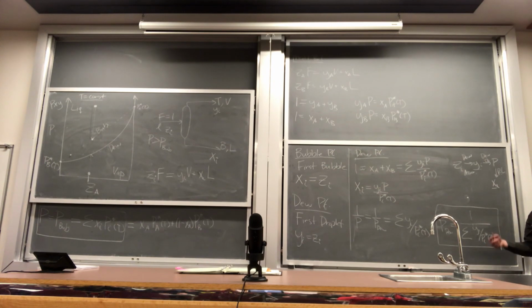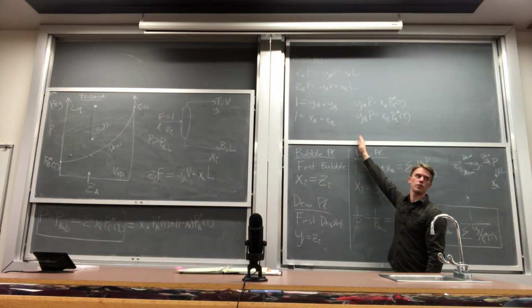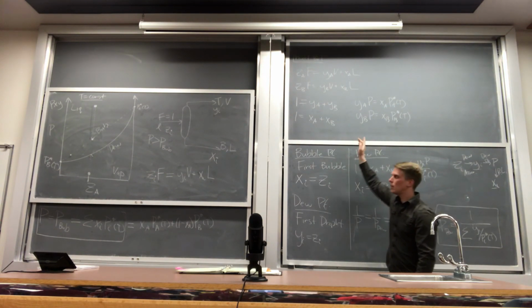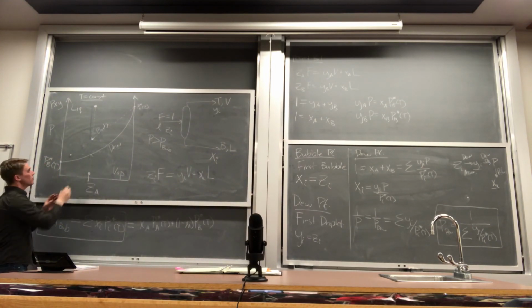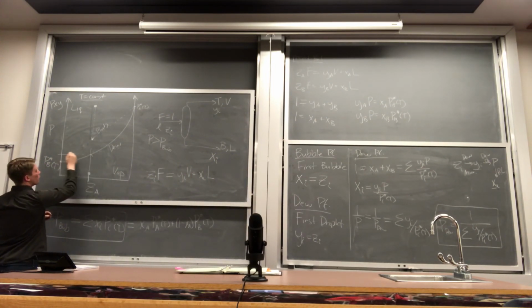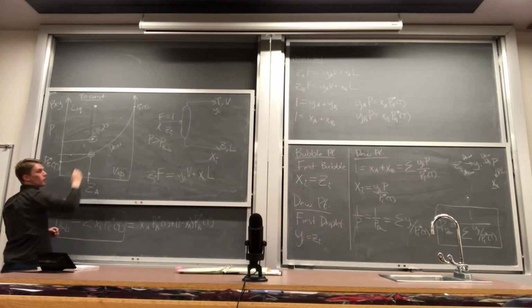Now, if you're not at the dew point and if you're not at the bubble point, you have to use the full 6 equations, 6 unknowns to balance the whole process out. Right? What we've talked about now is only for when our system composition and our system pressure meet at either the dew curve or meet at the bubble curve.